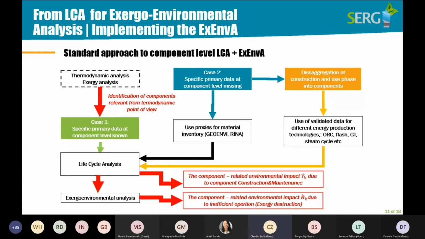Another common situation is when data regarding power plant components are aggregated, so we have only a total materials amount. What we do is systematically disaggregate the data inventory following proportional rules based on component sizes from similar plants for which we have detailed life cycle inventories.